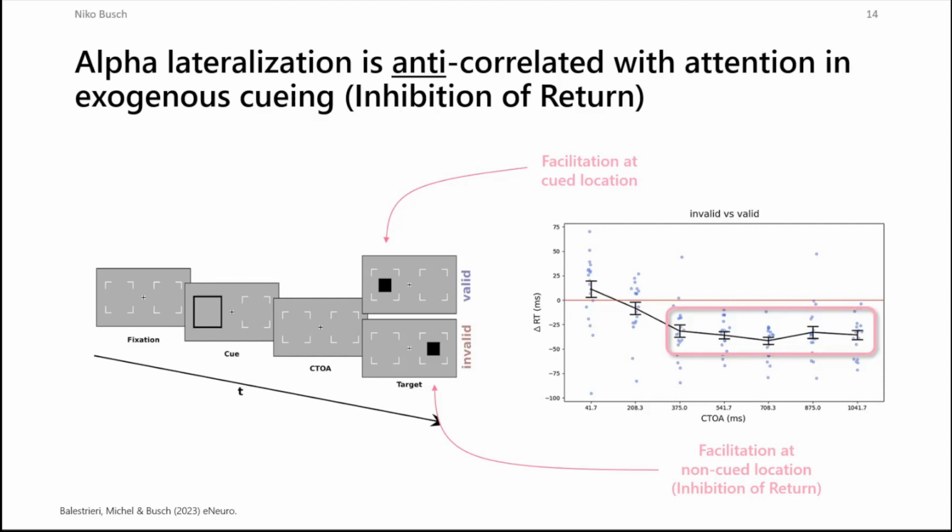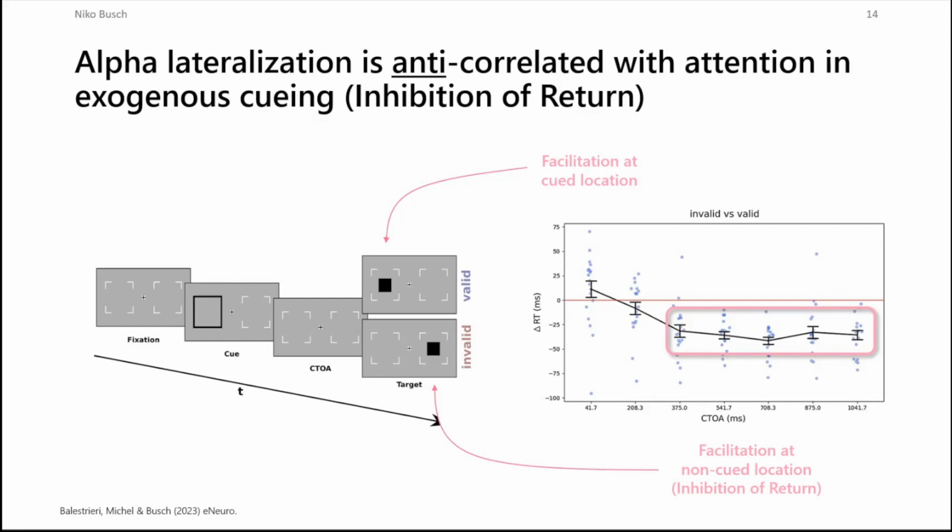And this is usually interpreted as showing that when the cue appears here, attention briefly moves over there and then reallocates to the opposite field. And it stays there for a sustained time.